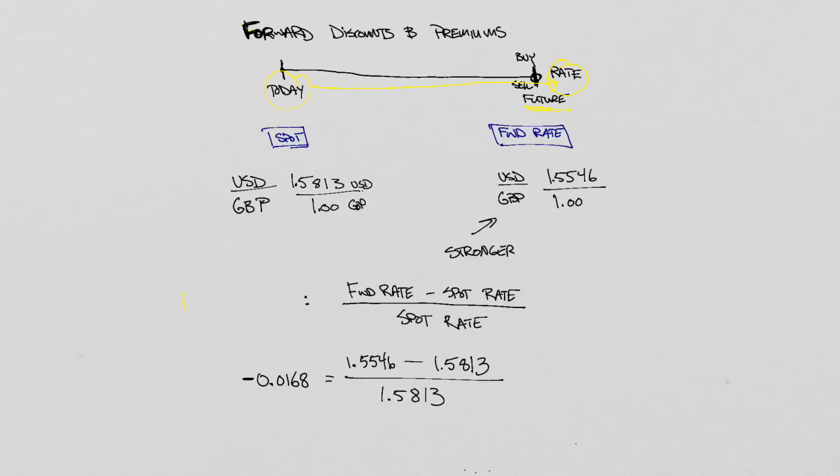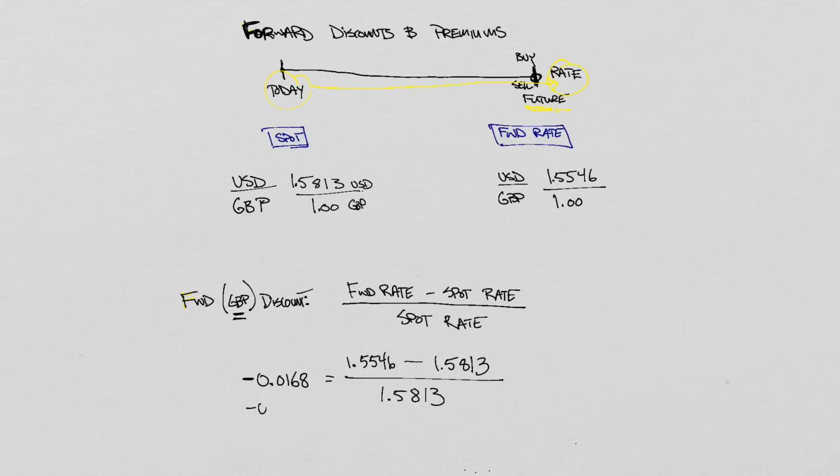If we're talking about the forward premium or discount on the GBP, to be more clear, this is going to be a discount because the British pound is trading at a weaker rate in the forward market. 1 pound is buying fewer USD. And so by how much? If we're looking at the GBP side of things, by 1.68%.